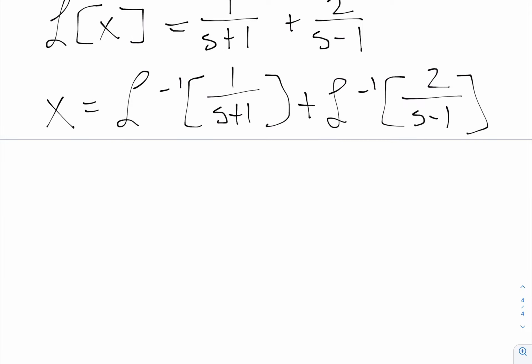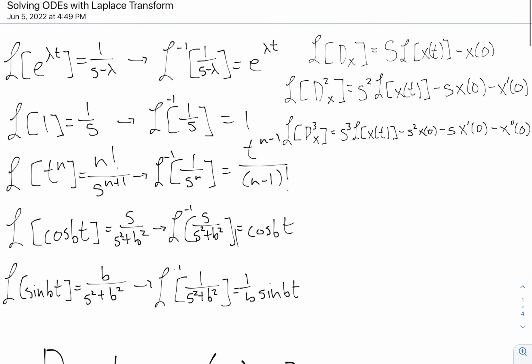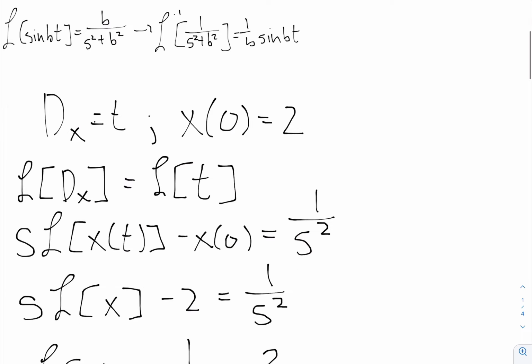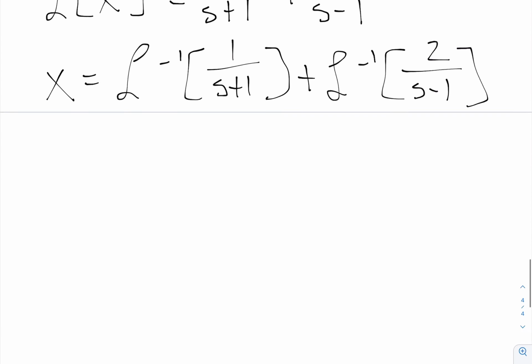Looking at our table here, the inverse Laplace of 1 over s plus 1 will be this one right here. That means lambda is -1, so this will be e to the negative t, equals e to the negative t.